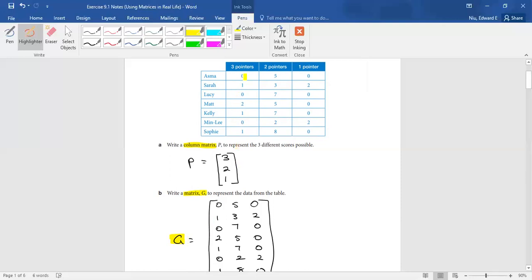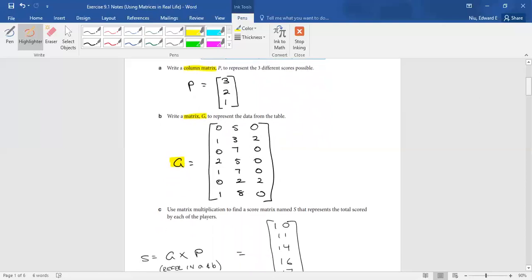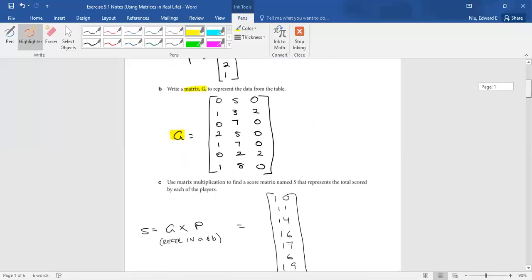All we've done is convert this entire table into a matrix. We've gotten rid of the names, we've gotten rid of the number of points, and we've converted it into one simple matrix so we can put it in our CAS. Remember, this is all CAS based. You don't need to do anything by hand unless you really want to.